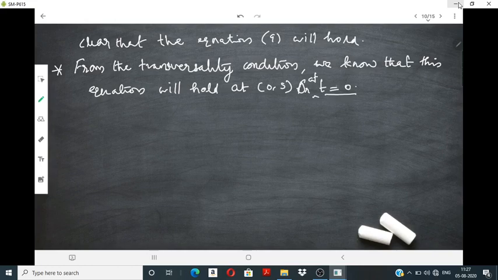But we need to show that this is true for all t, s. For all t, we have to show this equation.